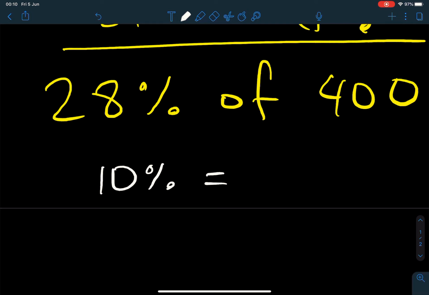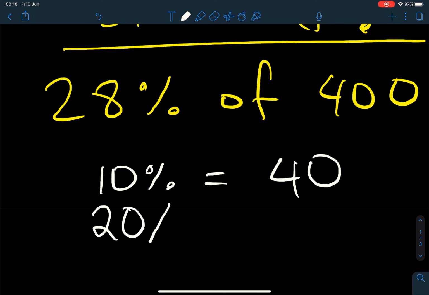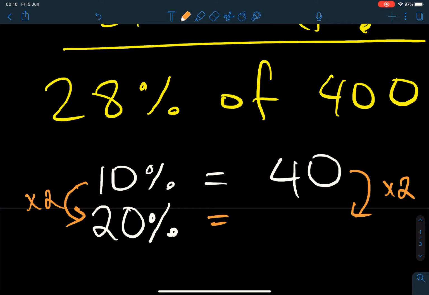So 10% of 400 is 40, because 400 divided by 10 is 40. Now from 10%, how can I actually make 28%? Naturally, the next step would be to work out 20%. I just double 10%, and just like a mirror, on the other side, I double 40. So double 10% is 20%, double 40 is 80.